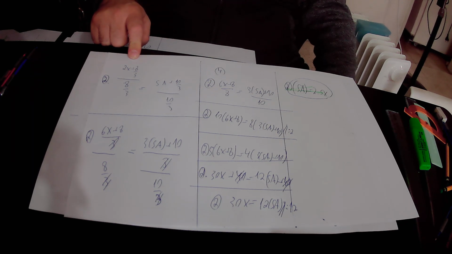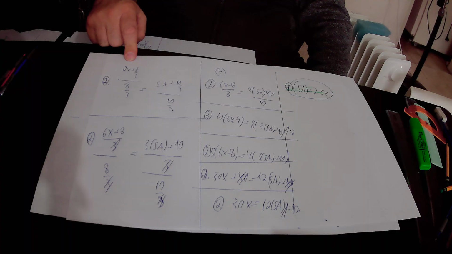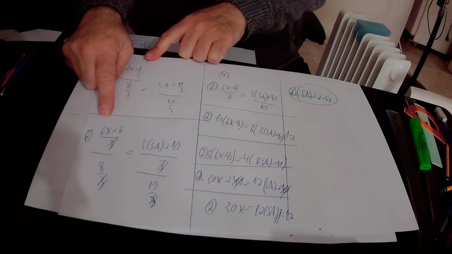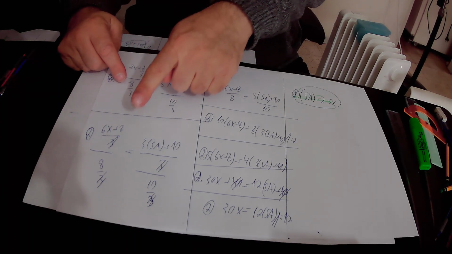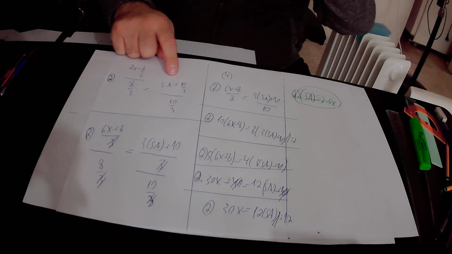Here we multiply 2x by 3 and then divide by 3 in order to have a common factor with 8 over 3. So on this side we have 3 times 2x is 6x. So in total in the numerator we have 6x plus 8 divided by 3, and we have to divide it by 8 over 3. On the other side of the equation we have SA plus 10 over 3.